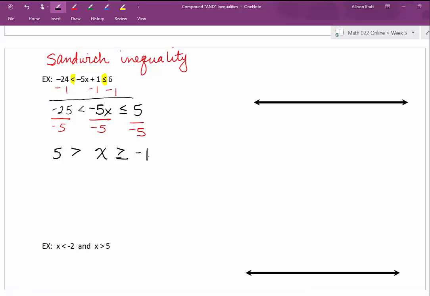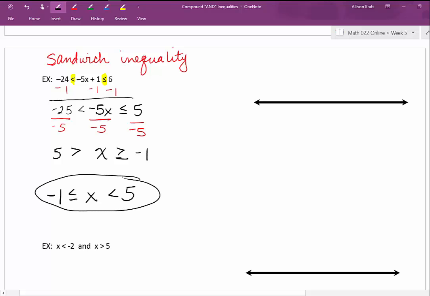You'll notice that 5 is the larger number, but it's written on the left. I would definitely rewrite this inequality and write it -1 is less than or equal to x, which is strictly less than 5. This way I don't accidentally graph it incorrectly, have the wrong number first on my graph.